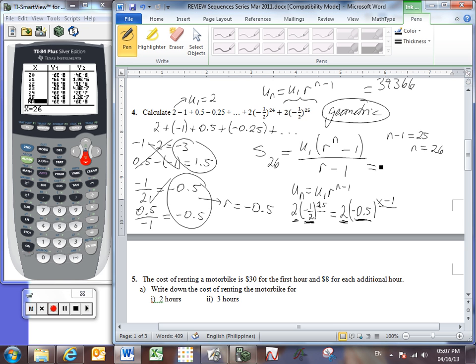So that substitutes into the sum formula. Sum of the first 26 terms, we've got 2 times negative 1/2 to the power of 26 minus 1, all over negative 1/2 minus 1. We'll put this into the calculator.